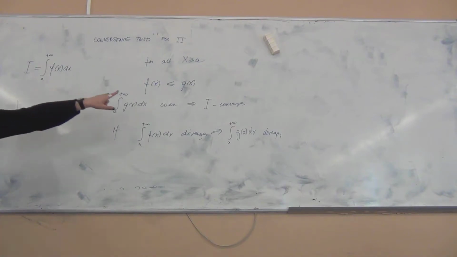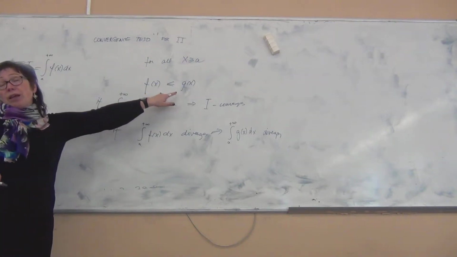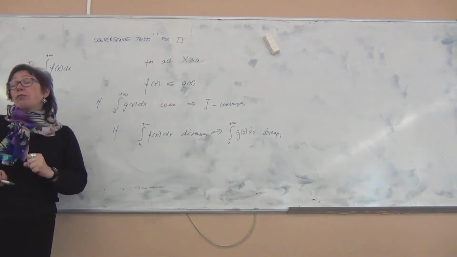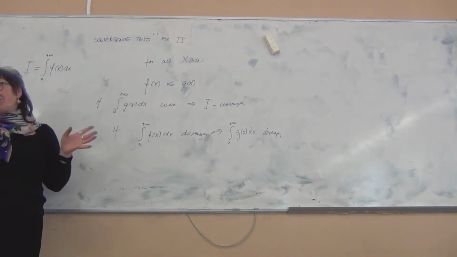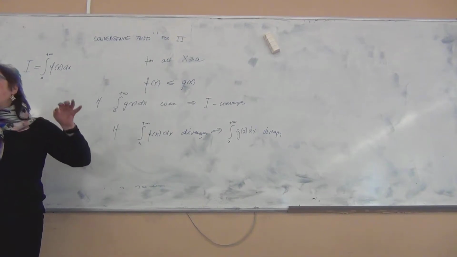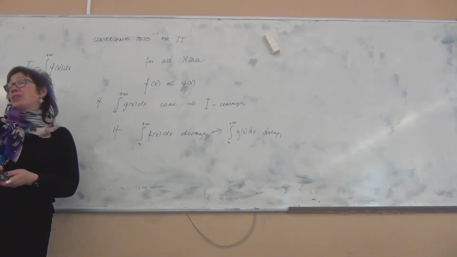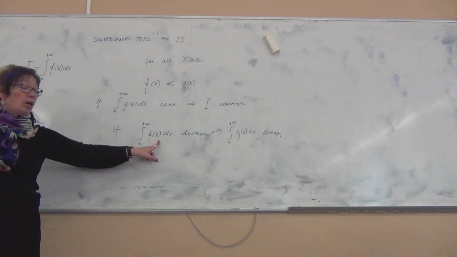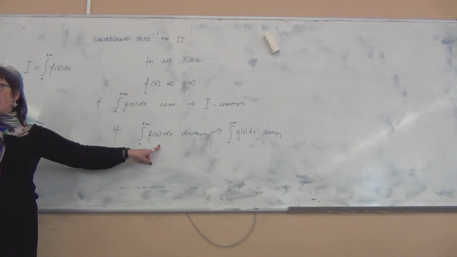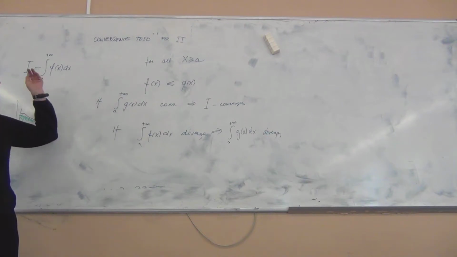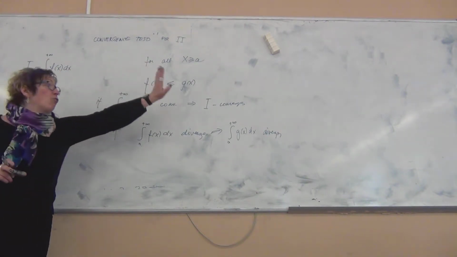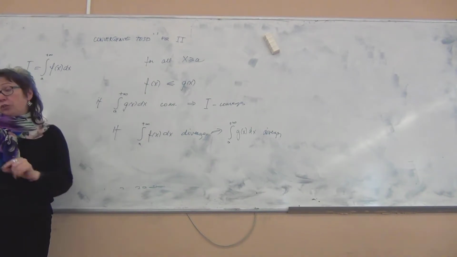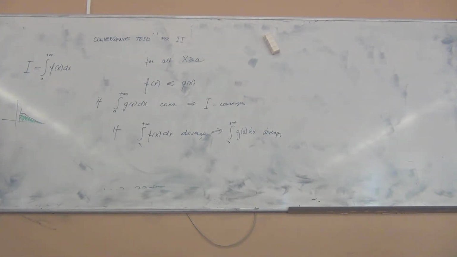So the choice of this additional function depends on some general idea that we might have whether the integral converges or diverges. If we want to prove that it diverges, we need to find a smaller function whose integral also diverges. If we have a feeling that this integral must converge, then we have to find a greater function whose integral converges. How to find these functions, we'll consider a little bit later.